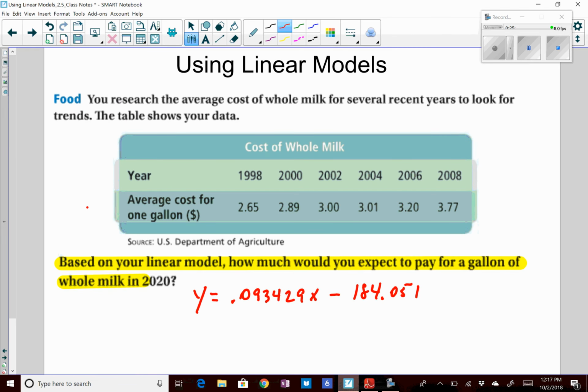They want to know what would it cost in 2020. So we have y equals 0.093429 times 2020 minus 184.051. So we calculate that, and it comes up to about $4.68 would be the cost we would predict for the year 2020.